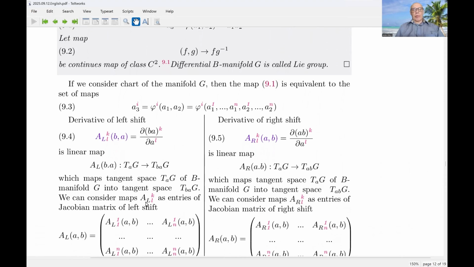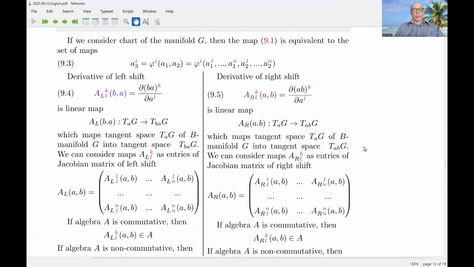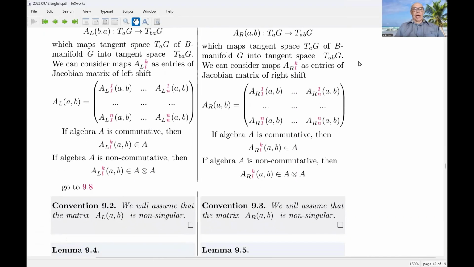We may consider maps AL as entries of the Jacobian matrix of the left shift. If algebra A is commutative, then the entry belongs to algebra A. If algebra A is non-commutative, then the entries belong to the tensor square of algebra A.